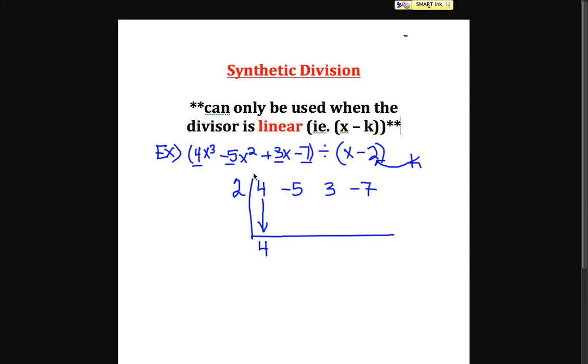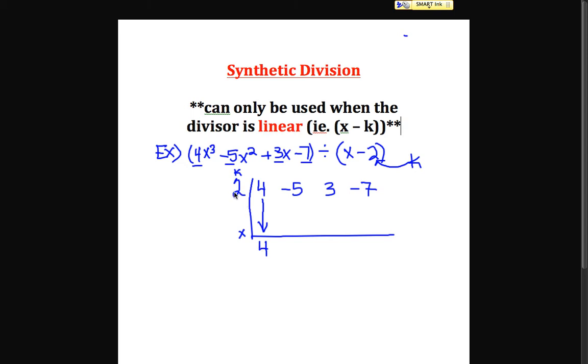Now, because I've taken the divided by sign and flipped it on its head, I've done the opposite. Even though it's called synthetic division, we're actually going to be doing some multiplying. So all the operations become upside down as the sign went upside down. We're going to multiply this k value by the values down here.